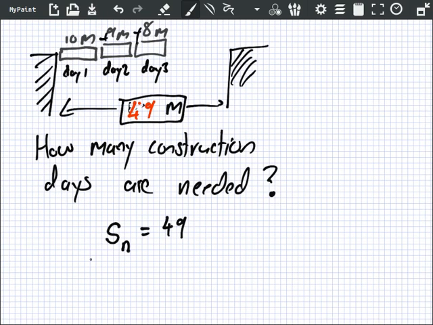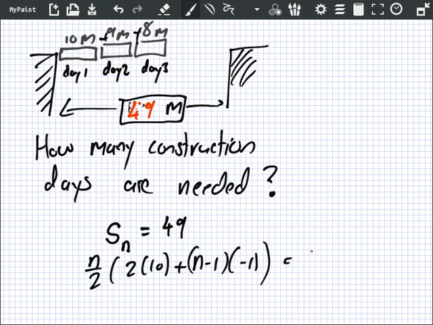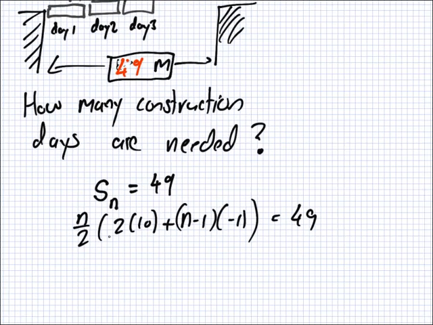So that would be n over 2, (2a plus (n minus 1)d), and what's the d here? Minus 1, good. And this should equal 49. Okay, so what'll I do here? I think I'll multiply by the 2. That's n(20 minus n plus 1) equals 98.